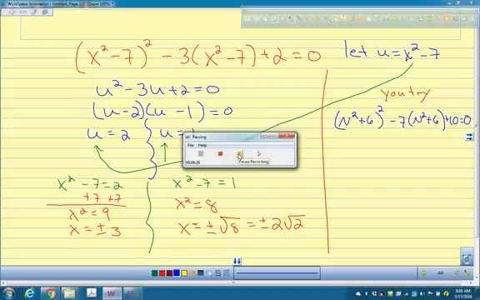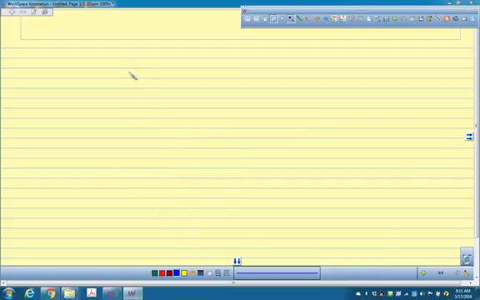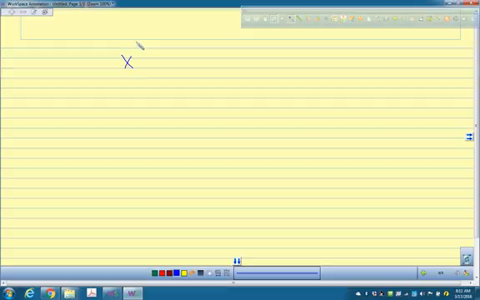This one I have seen in Algebra 2, in pre-calculus and calculus. So you need to try to focus here.